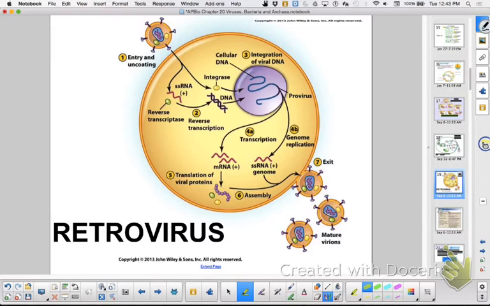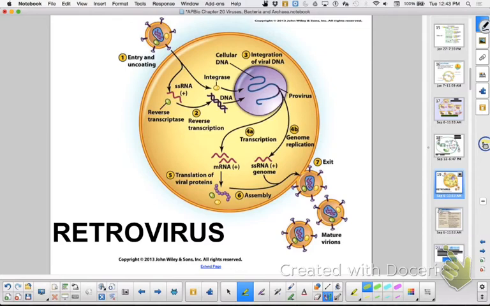So the first thing it needs is packaged with it in the process of maturation, and it directs the synthesis of this during biosynthesis. Packaged with it, it has an enzyme called reverse transcriptase, which can then make a DNA copy of its RNA, and then it also has another enzyme that makes it double-stranded, and then it has another enzyme, integrase, which gets it into the host cell chromosome.